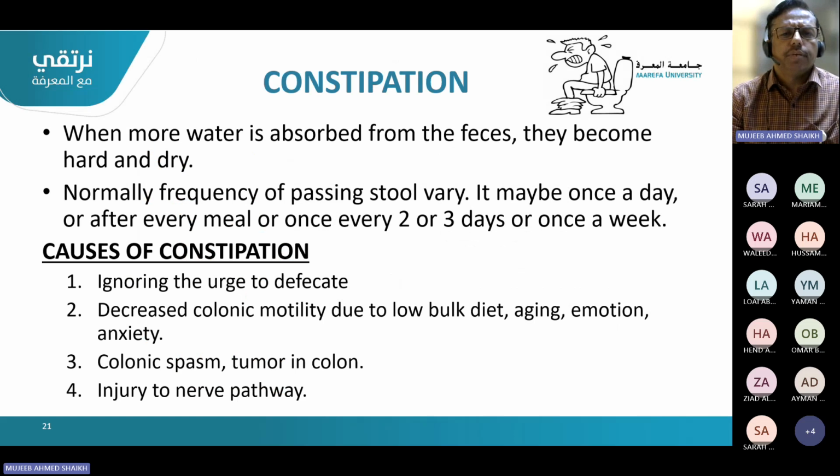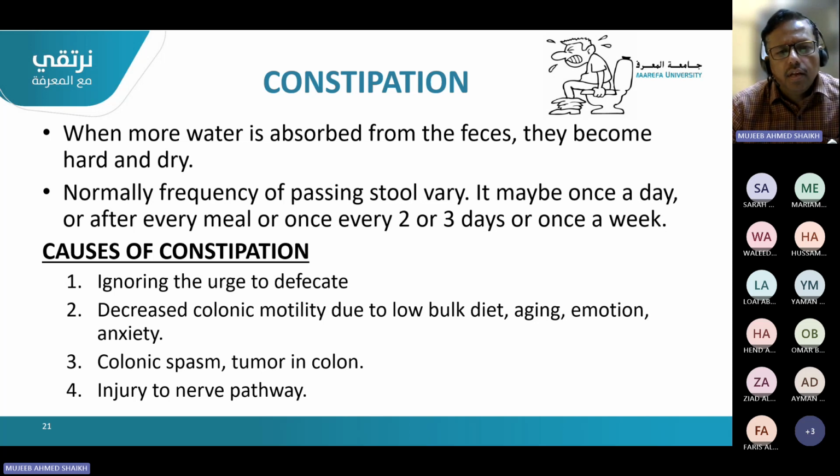Some words about constipation. Constipation is the feeling of defecation without the actual passage of stool. It usually occurs due to a psychological condition, or where the person is not able to ignore the urge to defecate, or due to a low amount of diet, and there may be spasm in the colon.